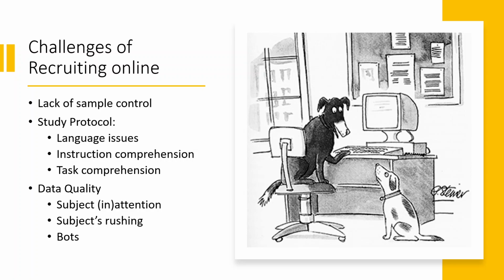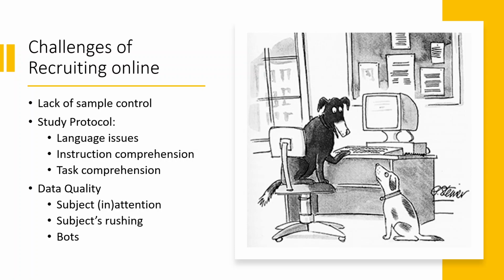Lastly, there can be some data quality issues. So people can be inattentive. They can be rushing through the study because they're getting paid, or because suddenly they're running out of time and they don't have the time that they thought they had. And lastly, they can be bots. People create bots to participate in surveys and then get the $5 the researcher is paying.